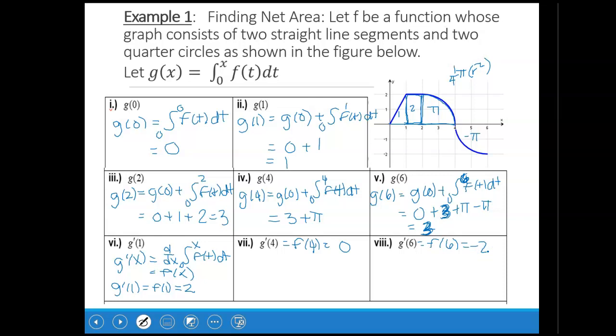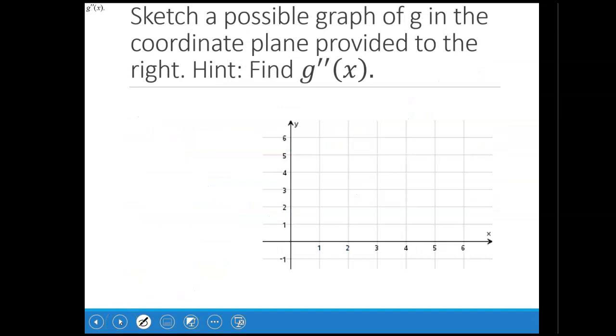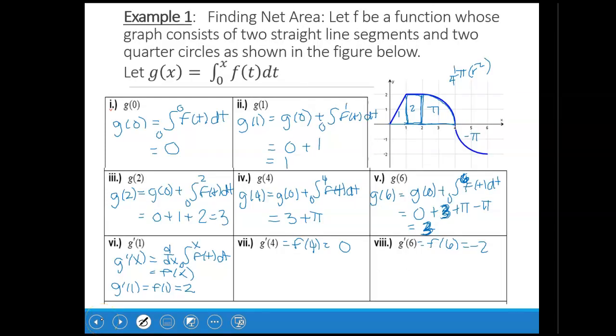So then using all of that information, we're going to, on the top of the next page, sketch a possible graph of g in that coordinate plane. So again, g is going to come from all of these. So you're going to sketch or plot 0, 0, 1, 1, 2, 3, 4, and then 3 plus pi, which is like 3.14.